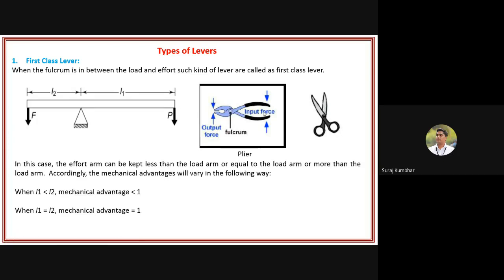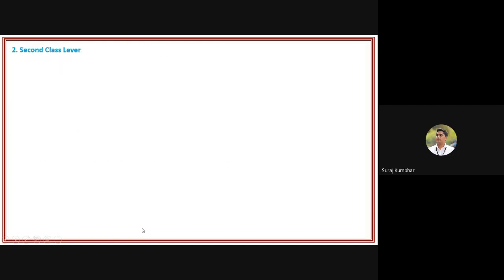In a first class lever, when L1 is less than L2, the mechanical advantage will be less than 1. When L1 is equal to L2, the mechanical advantage is equal to 1. And when L1 is greater than L2, the mechanical advantage will be greater than 1.